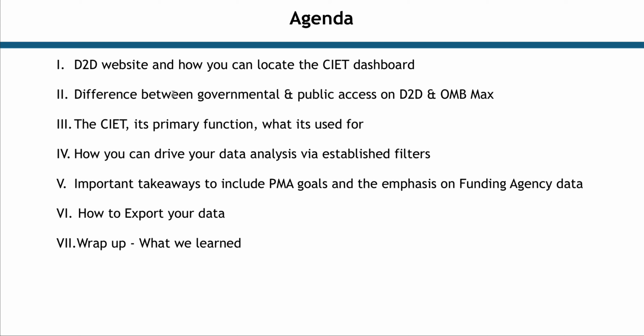You also got a demonstration of how you can drive analysis using the established filters. Important takeaways, including those presidential management agenda goals and the emphasis on funding agency data. But just note that you also have contracting office data as well, and how to export your data. And that concludes our demonstration for today. Thank you for joining us.